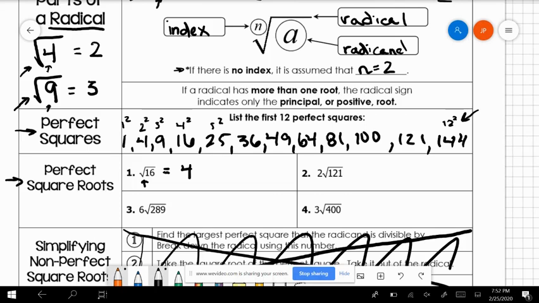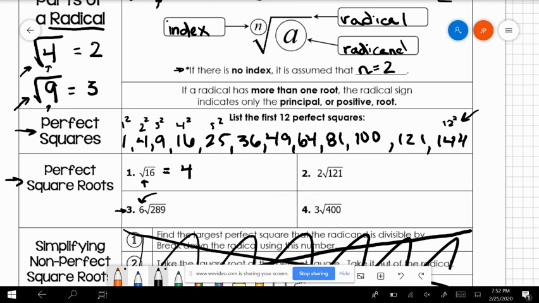Things get just a little bit trickier with number 3, just because now I've got something hanging out in front of that radical. What this means, this 6 hanging out in front of the radical 289, is kind of like a 6 hanging out in front of parentheses. I'm implying that I'm taking 6 and multiplying it by whatever is under that radical.